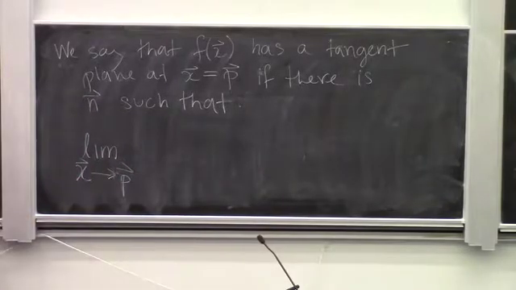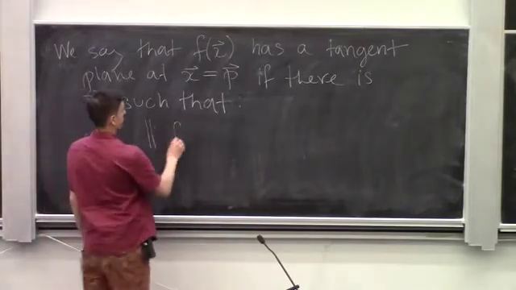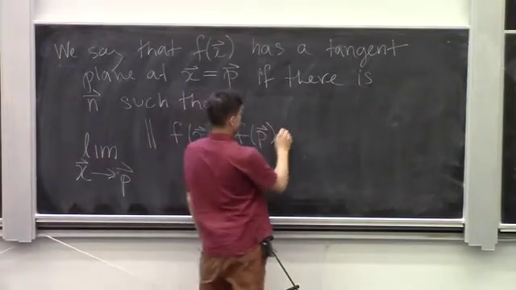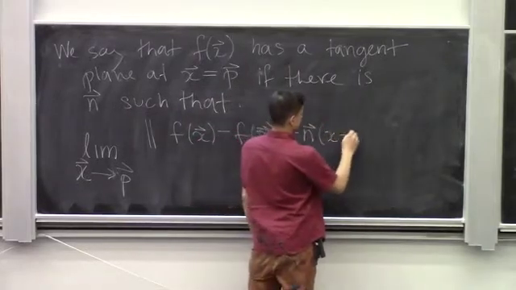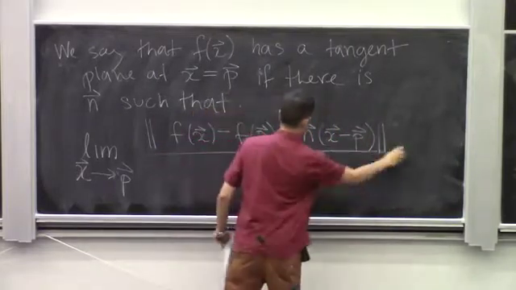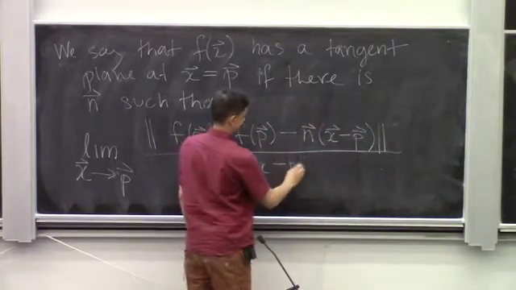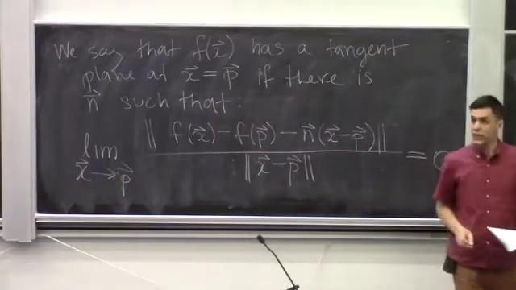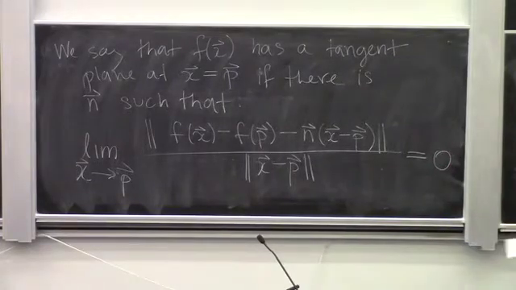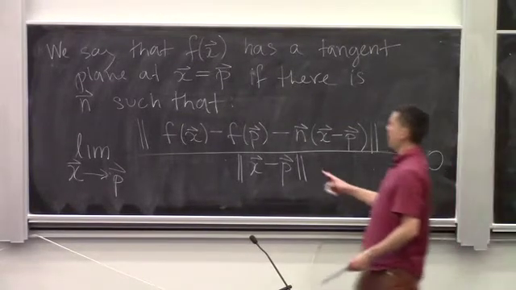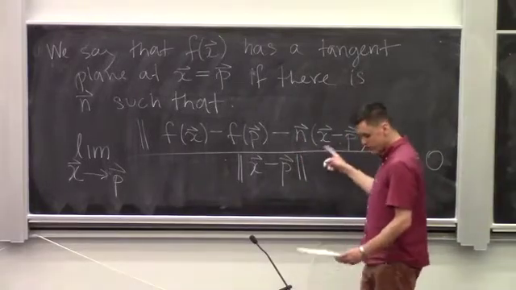That as x goes to p, we get the following limit. Okay, so what's this limit saying? It's saying that our function gets very close to this plane here.